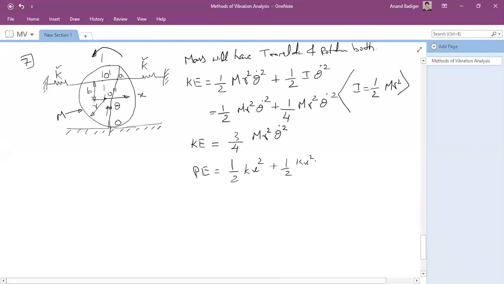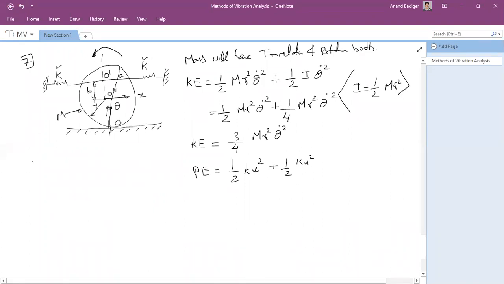Okay, there are two springs, so half k x square, half k x square. Now here I need to find out what is this x over here. I don't know the value of x, so looking into this figure using the geometry, I need to find out the value of x here. Okay, so let us try to find the value of x.